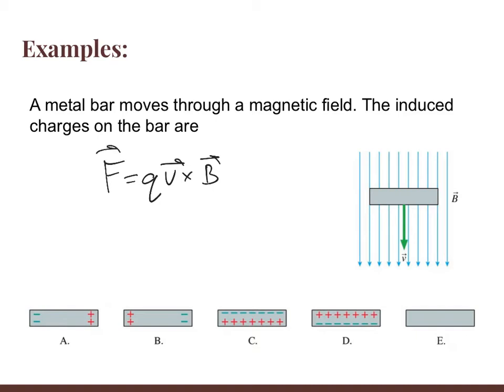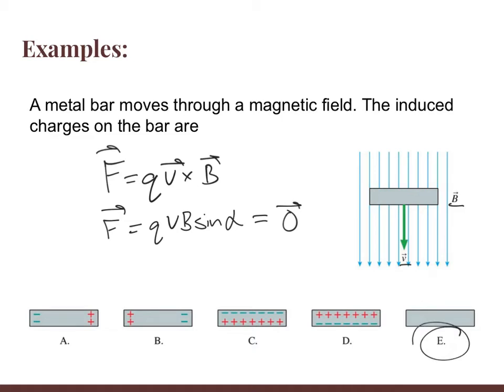If you don't know your cross products, you could also say that Q V B sine alpha equals the force. And the angle between these two things, V and B, is 180 degrees. Sine of 180 degrees is 0. Therefore, this is 0. It's technically the 0 vector, but the force here is 0. So the charges will not be separated, and your answer will be E.